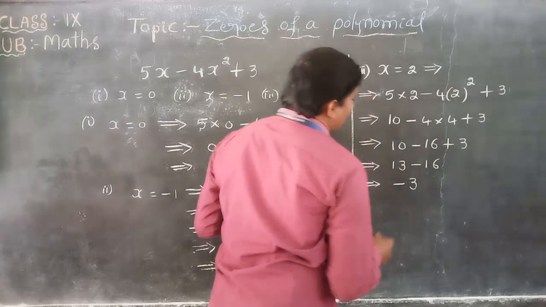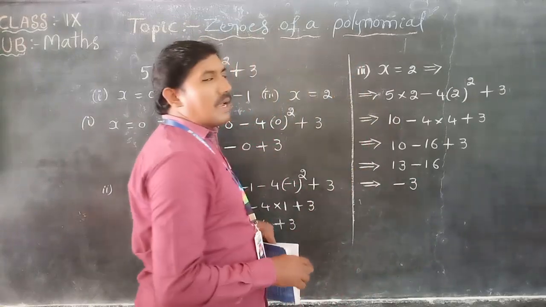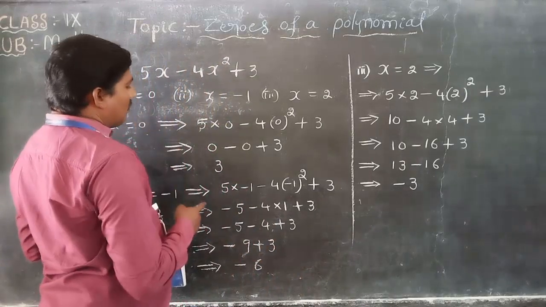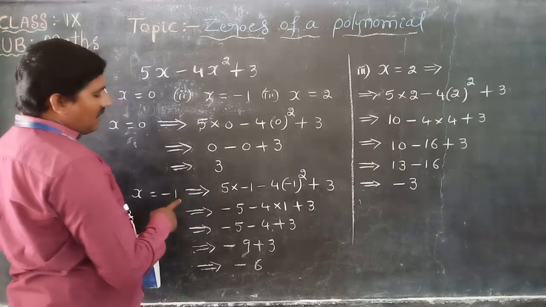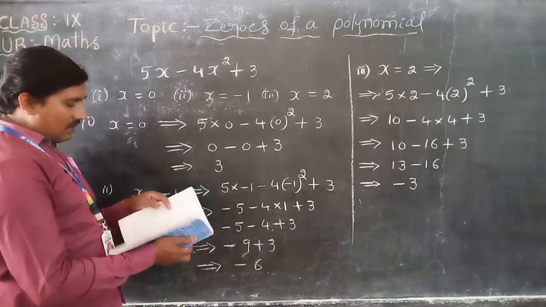So minus 3. X is equal to 2 gives minus 3, a negative number. X is equal to 0 gives plus 3, a positive number. X is equal to minus 1 gives minus 6, a negative number.